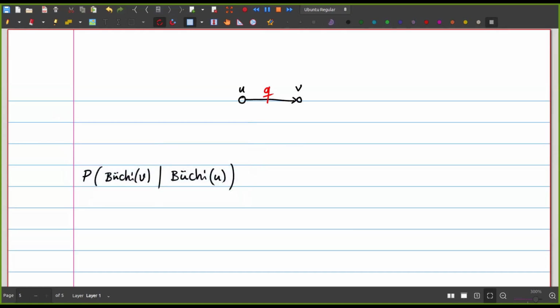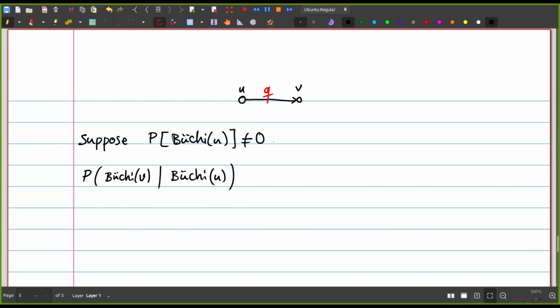I'm going to say, suppose that the probability of Buki U, so the probability that I see the vertex u infinitely many times, is not 0. Then what is this probability? What is the probability that I see v infinitely many times?